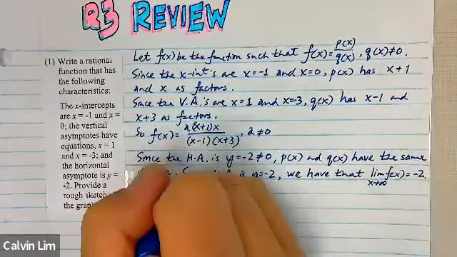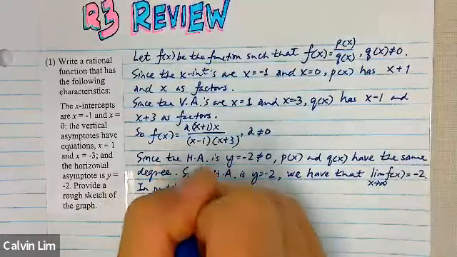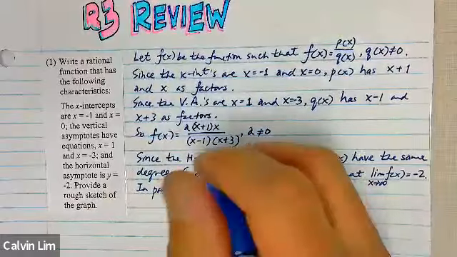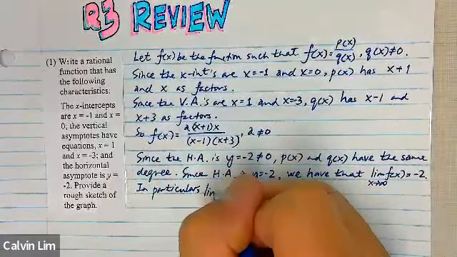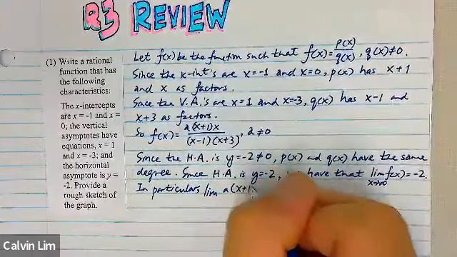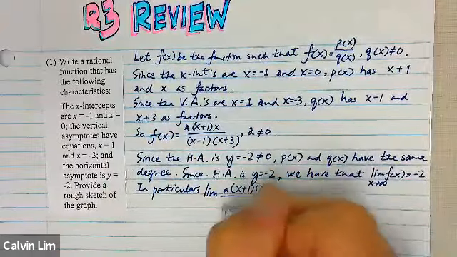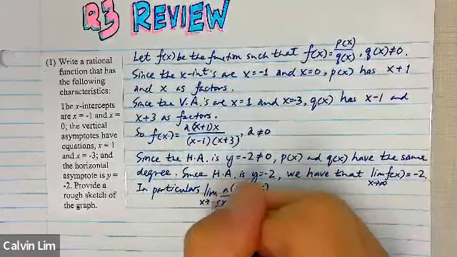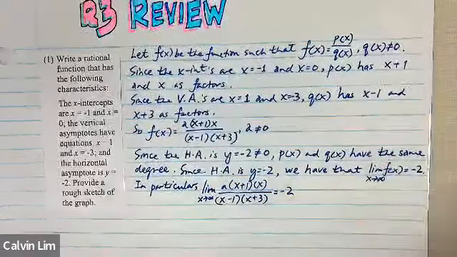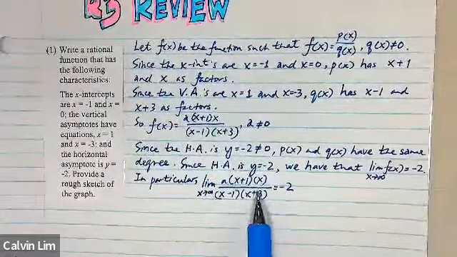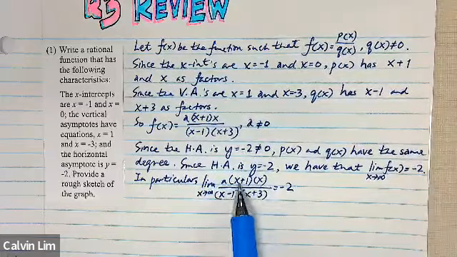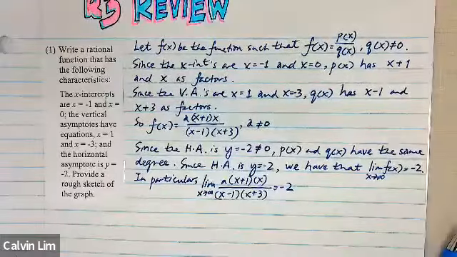Okay. In particular, the limit equals -2. So how do we manipulate this expression? You common factor out the largest degree of x in each of these factors, right?